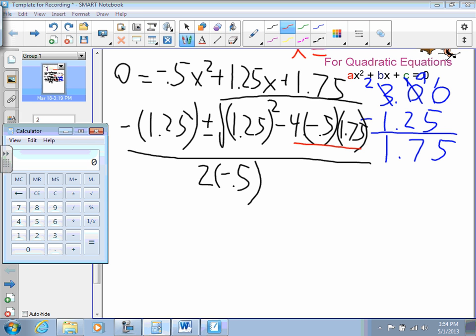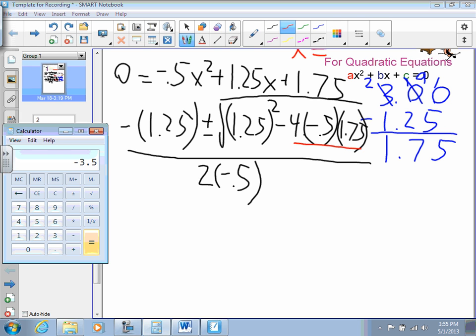So we take our calculator and we're going to do 4 times negative 0.5 times 1.75. And so that gives us negative 3.5.